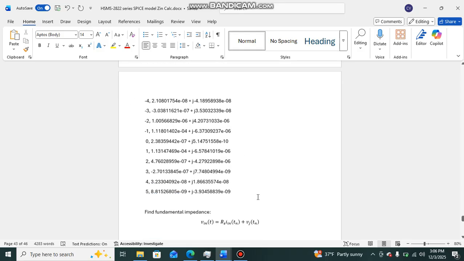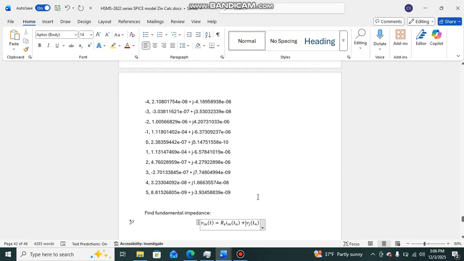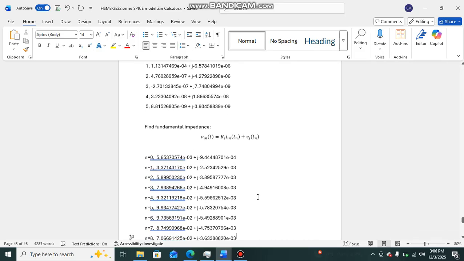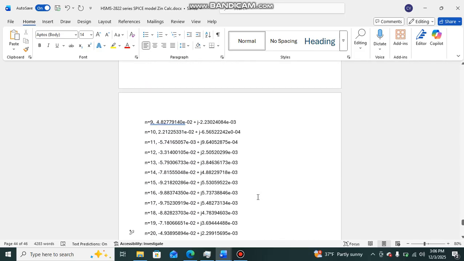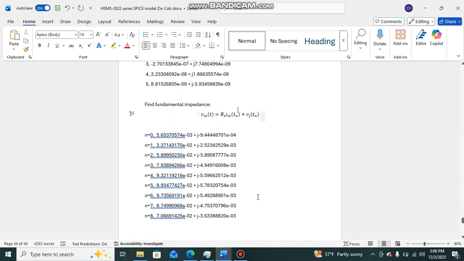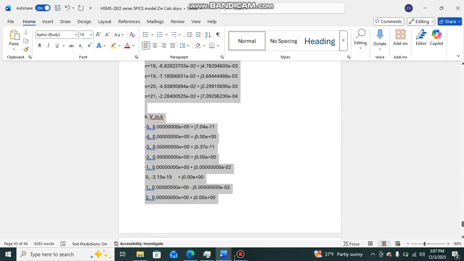Basically, we look at the fundamentals and plug those into our impedance. So Vn is now equal to Rs times our In of Tn plus our junction voltage. And so we get these values for our new input voltage.